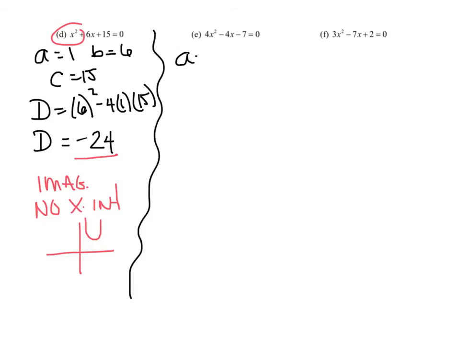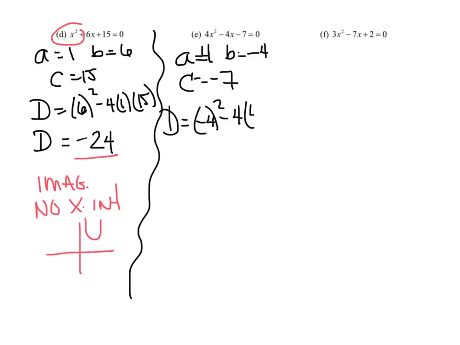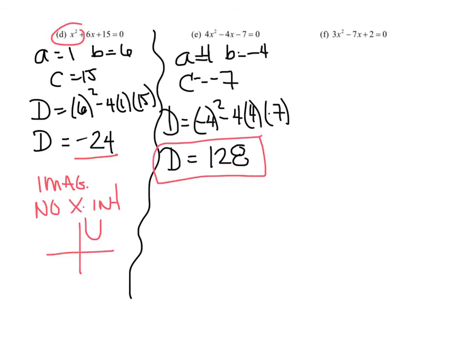Let's see, our A is 1, our B is negative, whoops, our A is 4, not 1. Our B is negative 4, and our C is negative 7. All right, so my discriminant is negative 4 squared minus 4 times 4 times negative 7. So grab that calculator. And I get a positive 128. Okay, so the first thing I say to myself is, is it perfect or not? And I'm going to say this is not a perfect square.